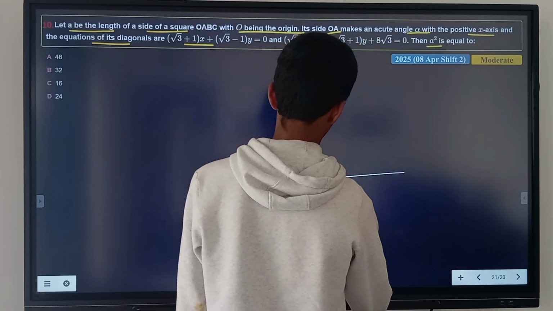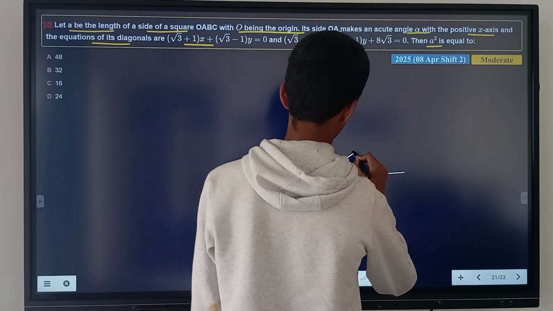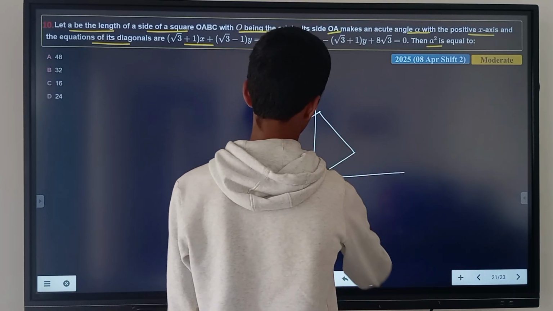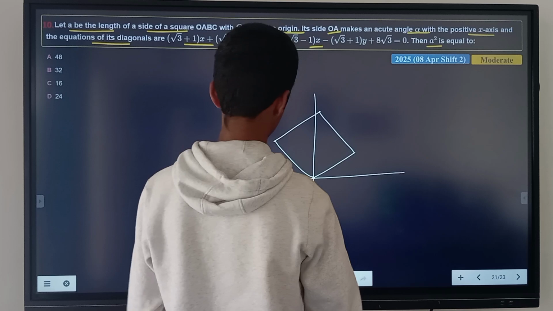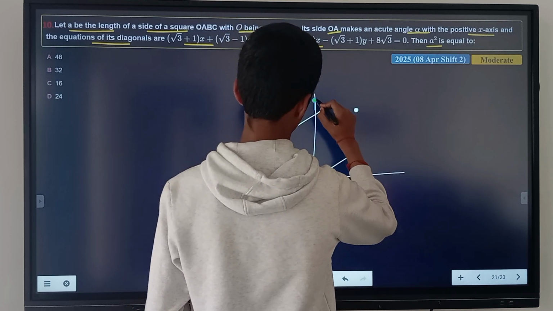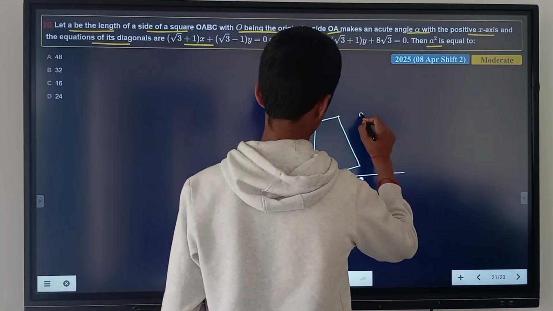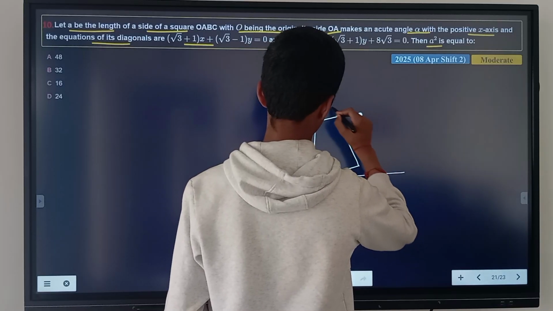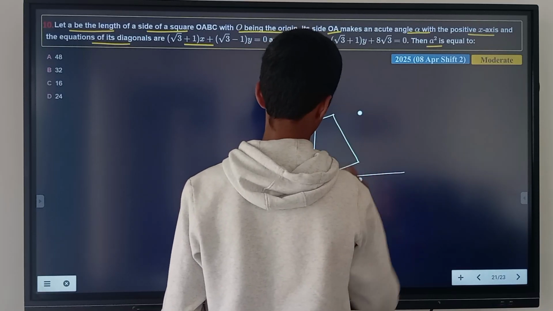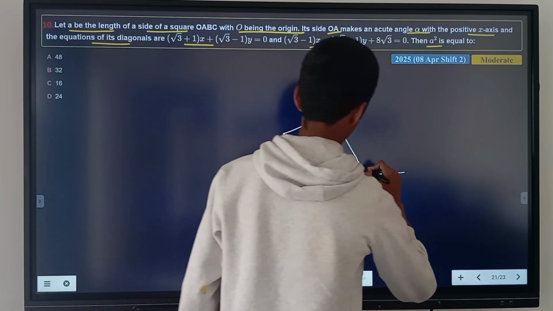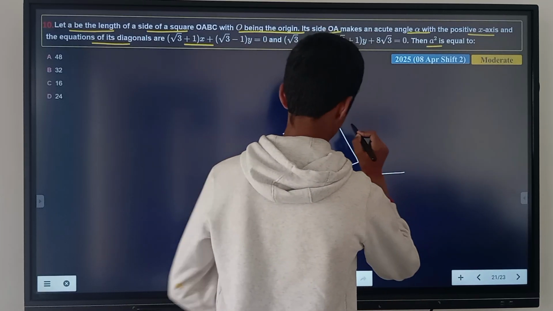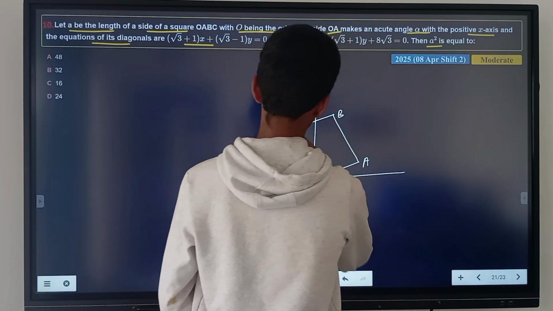Here let's say we have O, A, B, C. Let's rotate this. O, A, B, C.